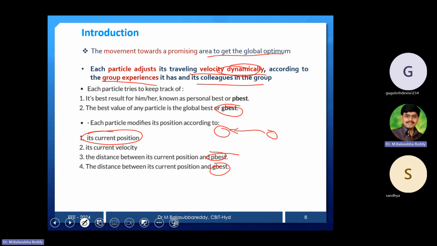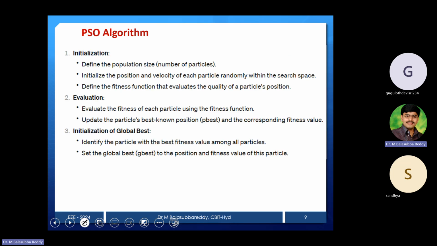This we are going to see: the current position and current velocity, based on which we can find the new position and new velocity.